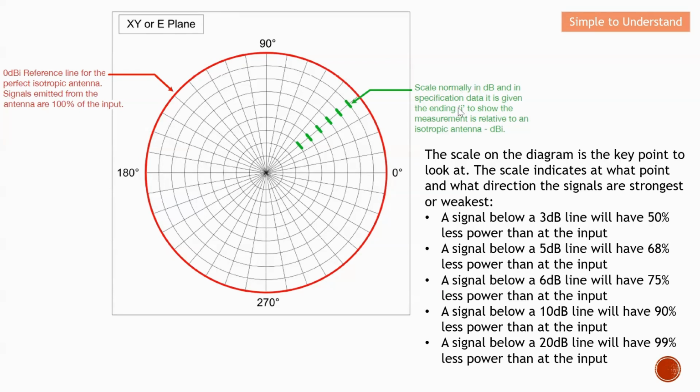When we compare the radiation pattern of an antenna against an isotropic antenna, it will be indicated as dBi. As for the so-called isotropic antenna, it will radiate in this red line as shown over here. So this is the reference line for the perfect isotropic antenna. The signal emitted from the antenna is 100% of the input.